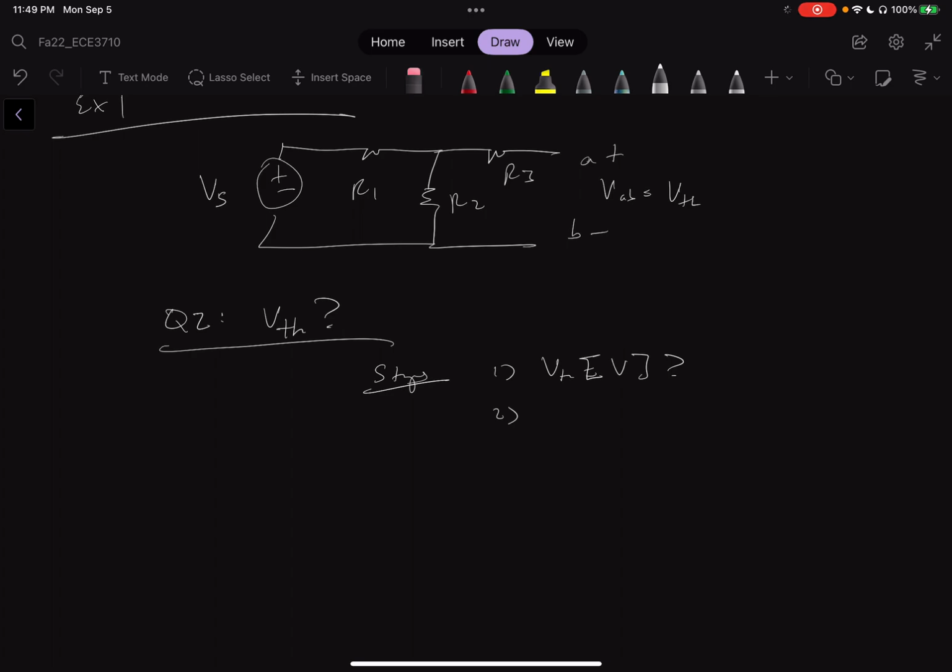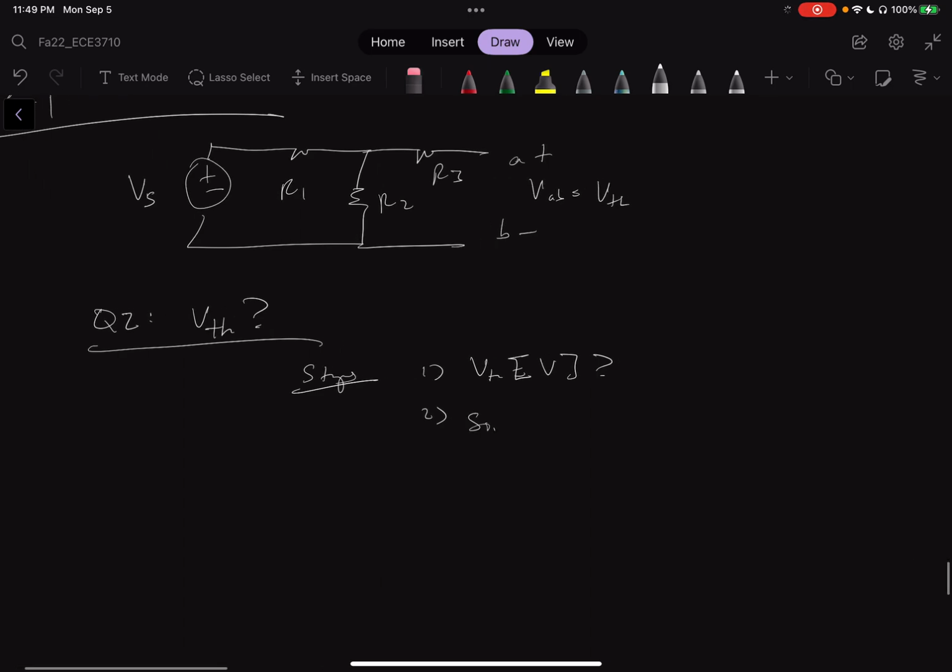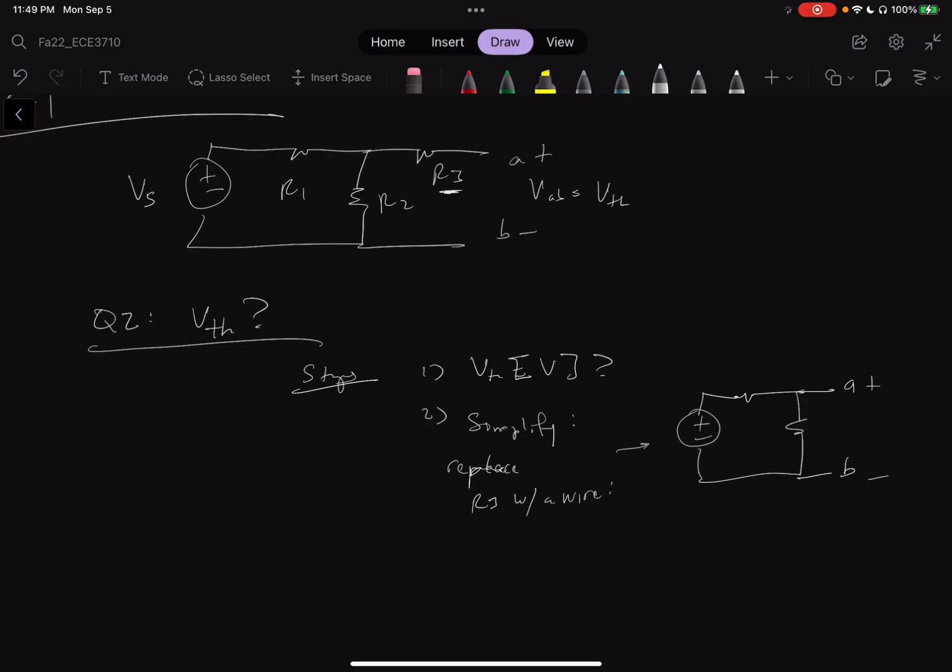So simplify the circuit first. Why, Mr. C? Because R3 is in series with an open circuit voltage. Replace R3 with a wire. If you do that, you will get a voltage source, a resistor, R1, R2, and now you have A and B node.